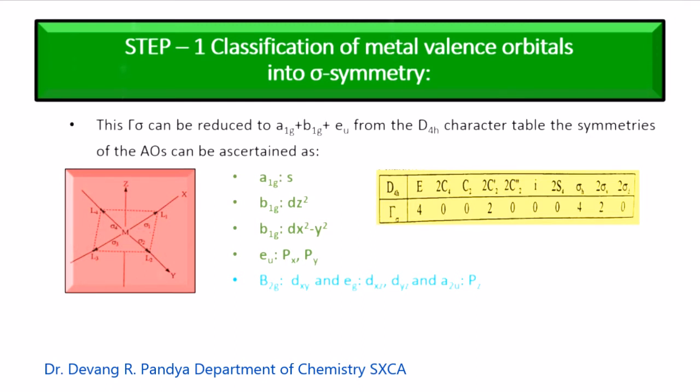When the ligands come very close, the d orbitals lose their degeneracy and are classified into two groups, depending on the strength of the ligands approaching the central metal ion.